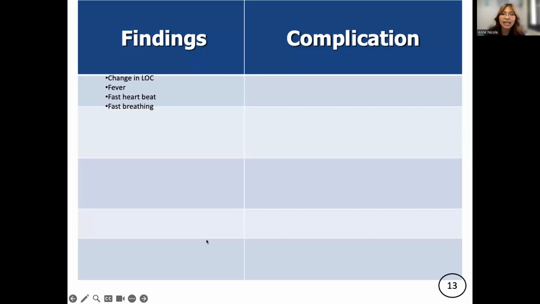Next, let's look at some findings or assessments that could be a sign of a complication. Your change in LOC, fever, fast heartbeat, and fast breathing could be a sign of sepsis or massive, severe infection. Your confusion, hypotension, weakness, rapid heartbeat, and cool, clammy skin could be a sign of your, what do you think this one is?